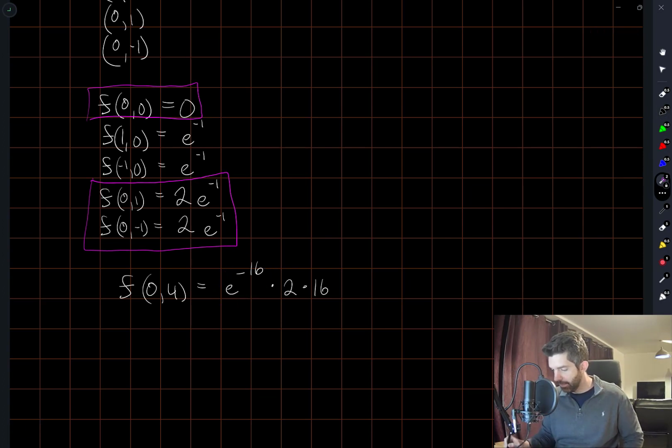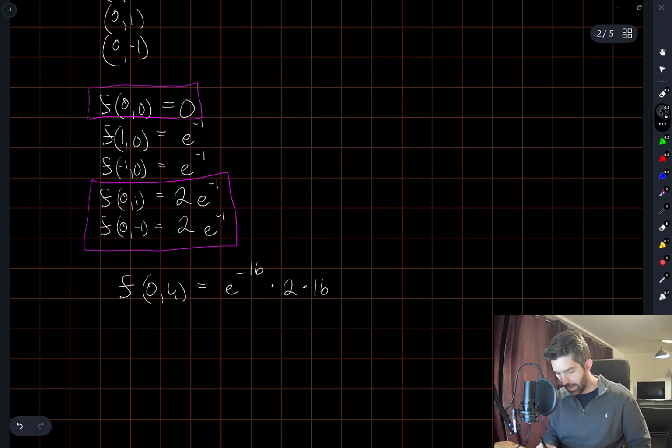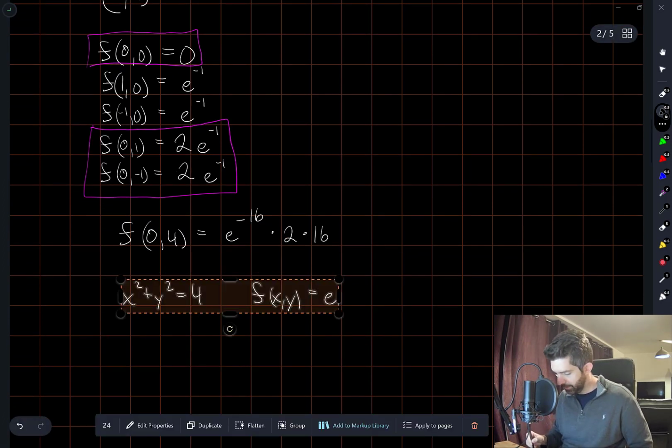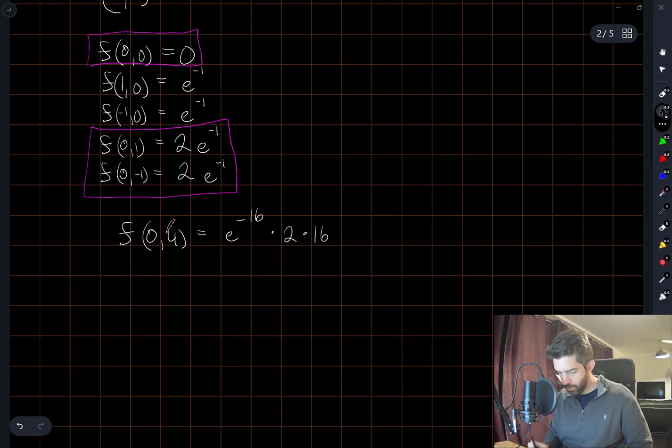And everywhere on the disk, if I have x squared plus y squared equal to 4, then f of xy is equal to e. Oh, goodness. Hold on. 4 is not, this number is not on the disk. It's 2, right? But still, x squared plus y squared equals 4.